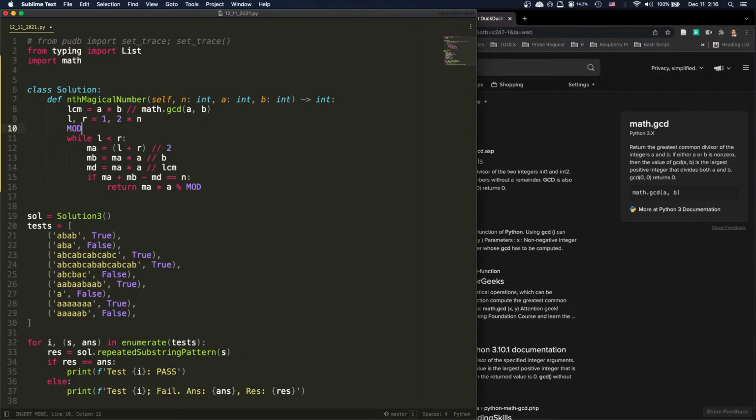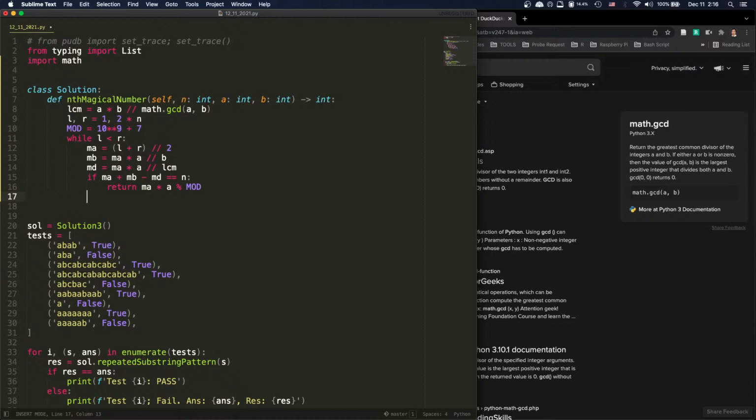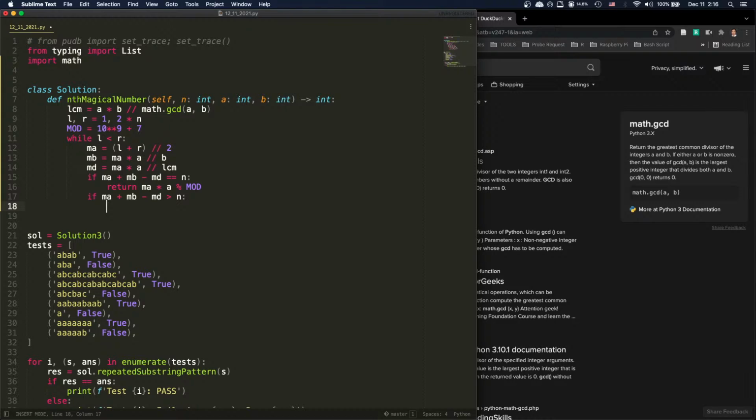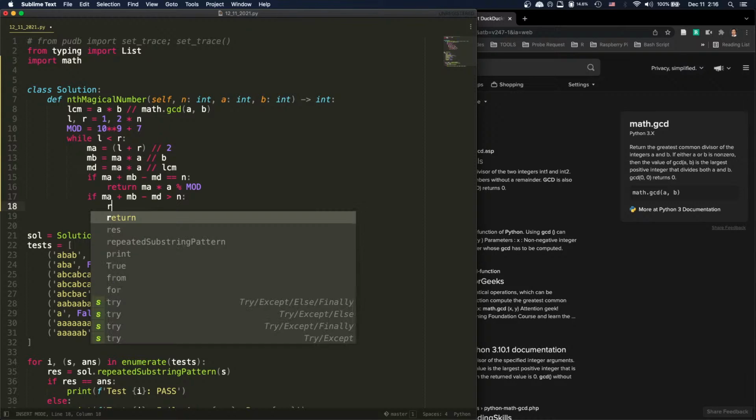Get mod equals 10^9 plus 7. We're going to do this. If MA plus MB minus MD is larger than n, so if that's too large, we don't have to try B again. We just immediately say R.